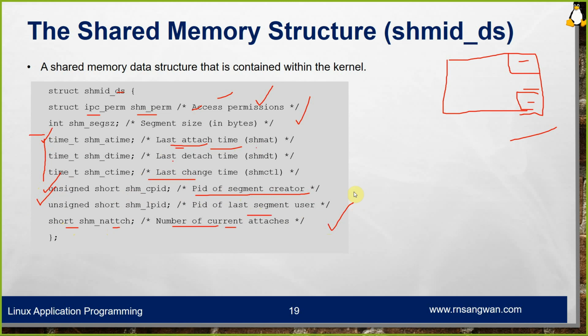So current attaches, this is what we used in our example. And we also use the size, shm_segsz, that is the segment size. We used these in our example. We could get more details also if we wanted, including process ID, access time, attachment time and detach time.